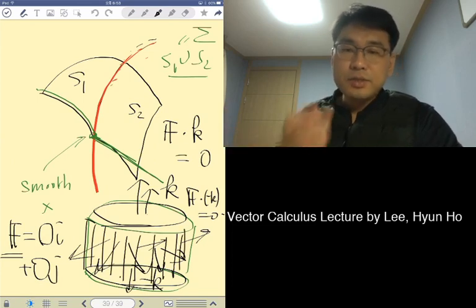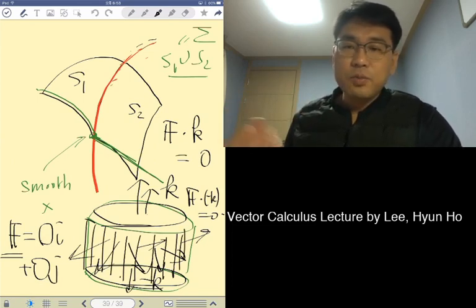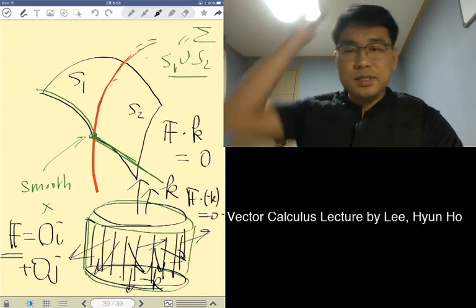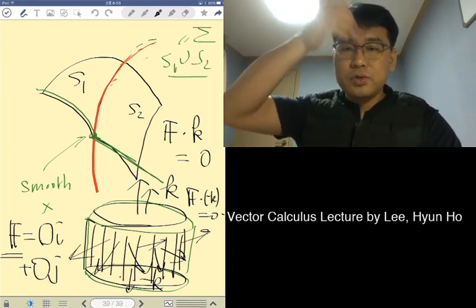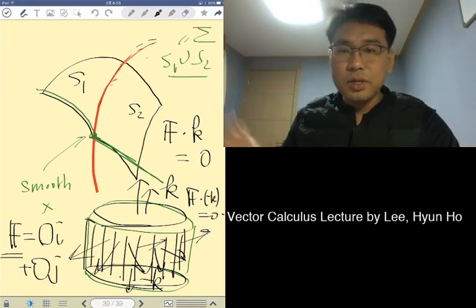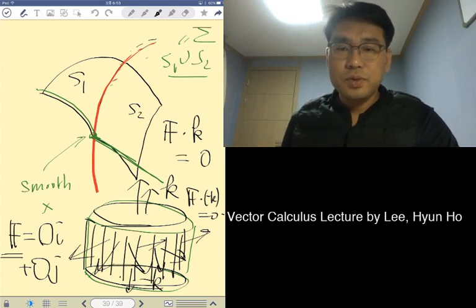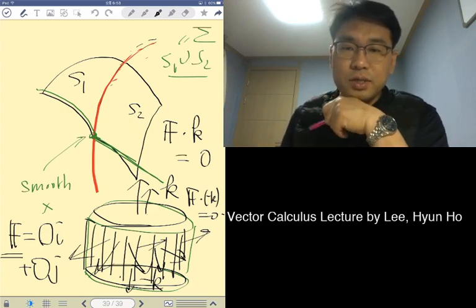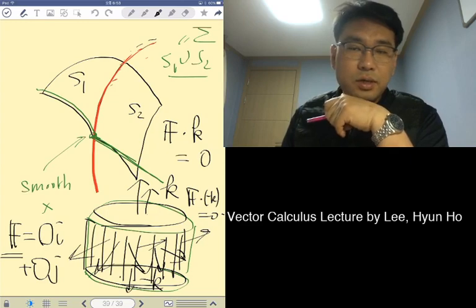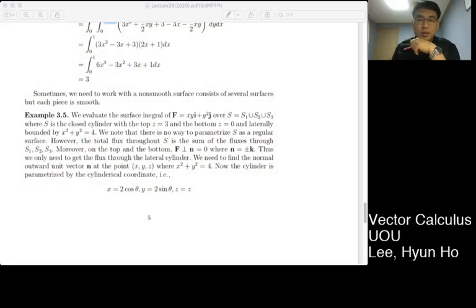Okay, and the lateral side of the cylinder is now parameterized by what? Cylindrical coordinates. So everything is in cylindrical coordinates, and we can continue to compute. Let's come back to the iPad, the screen and PDF file here.